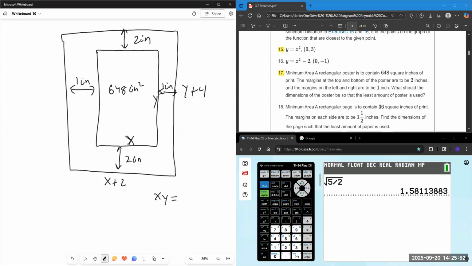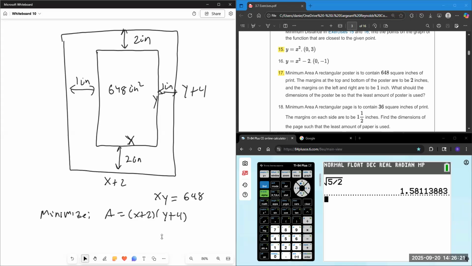So XY equals 648. And then we want to minimize the area A equals X plus 2 times Y plus 4.